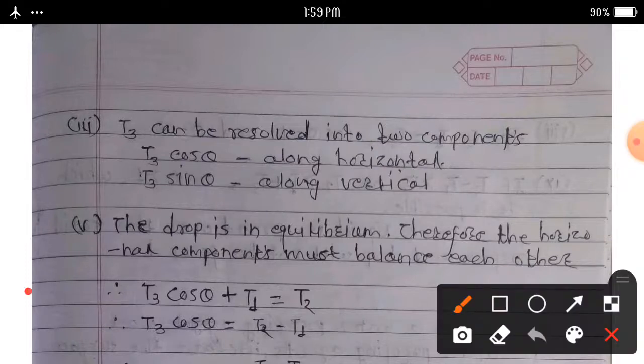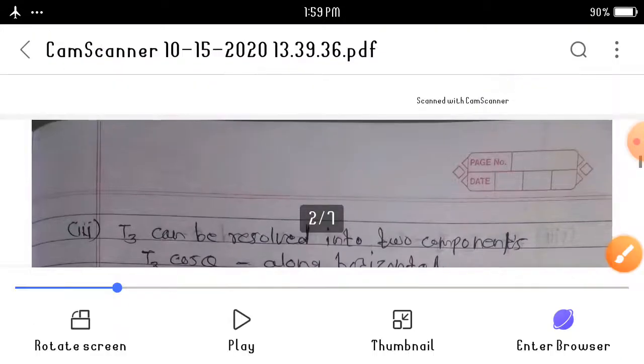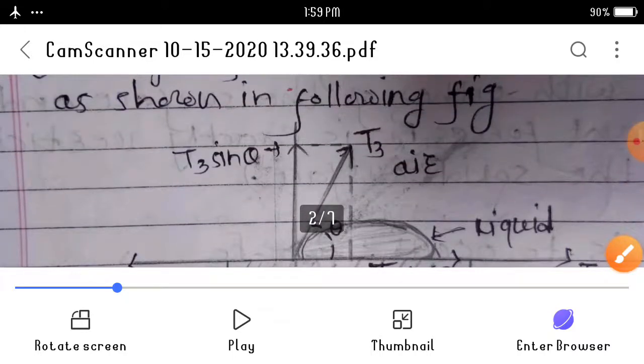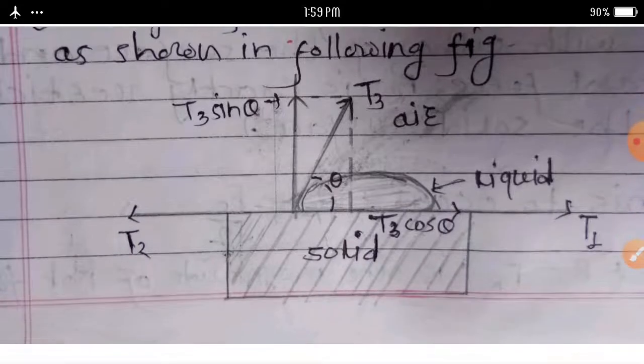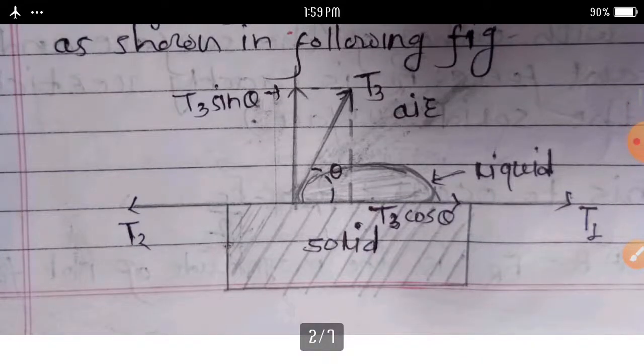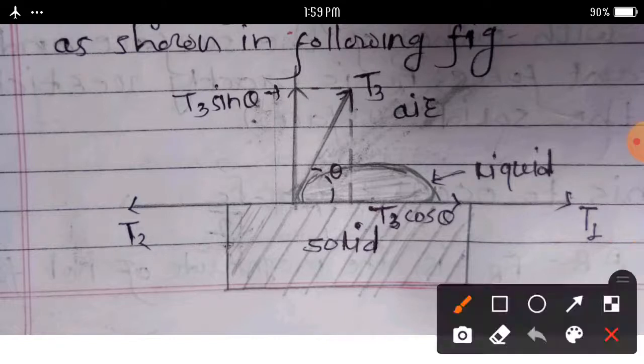The drop is in equilibrium, therefore the horizontal components must balance each other. See this diagram: T3 cos theta plus T1 is balanced by T2 here.